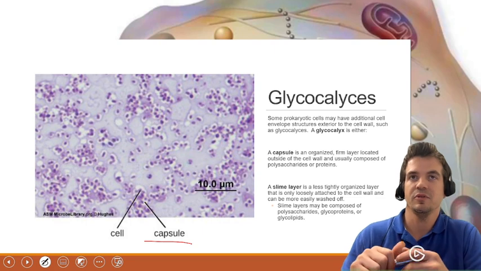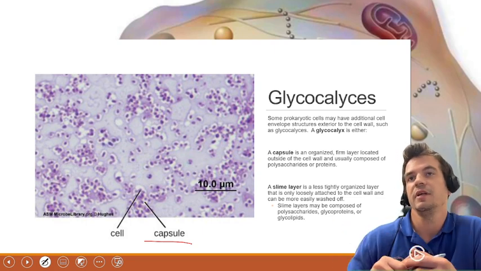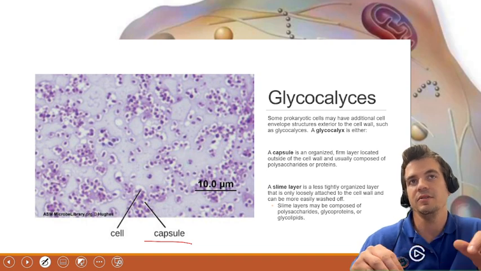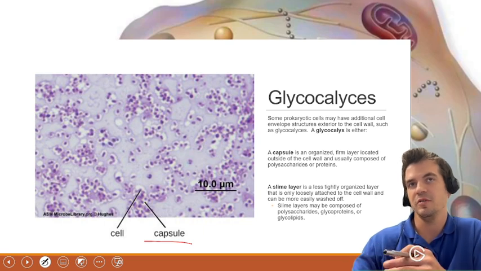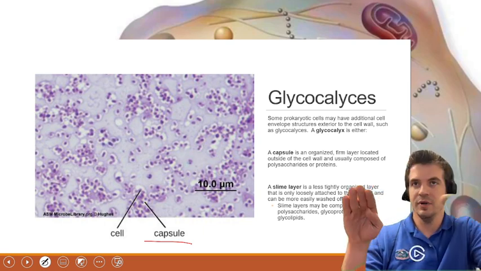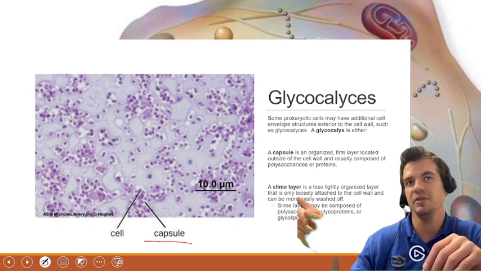This capsule is composed of sugars in a highly organized layer. It can be sugars, it can be proteins. They call them polysaccharides, and if they're organized layers and nice sheets, it's going to form a nice capsule like we see in the picture right here.